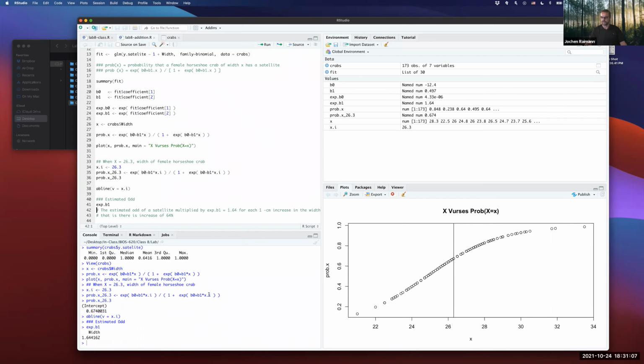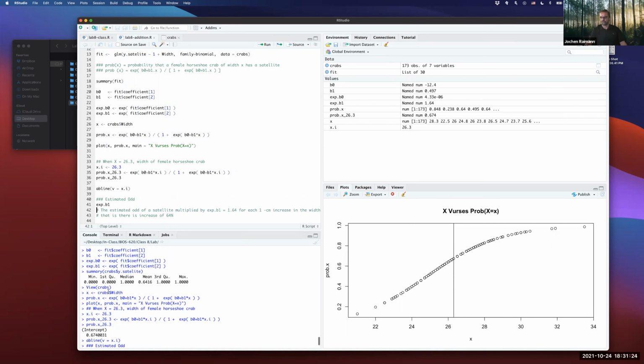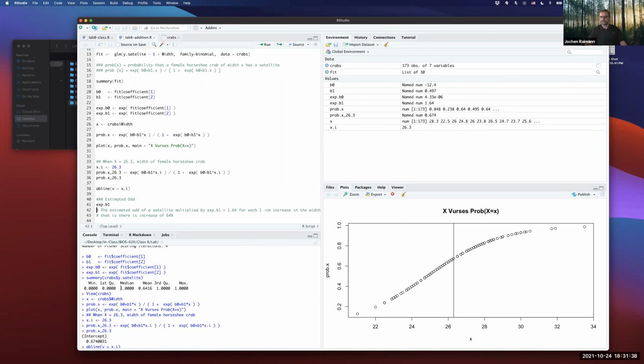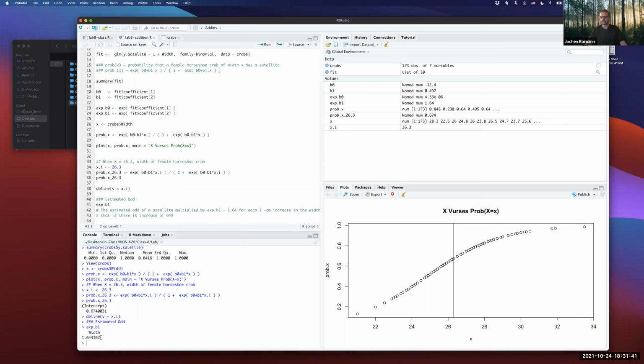And if you exponentiate this now, you essentially get 1.64 for the width. Oh, that's the estimated odds. Okay, so B1 is our width. The odds ratio that is shown is the increase in the odds ratio for a 1 centimeter increase in the width.